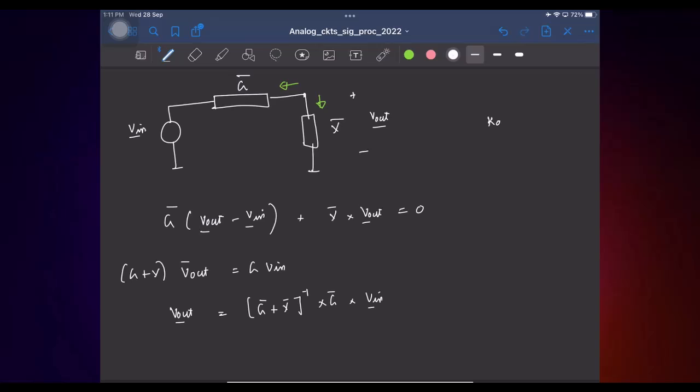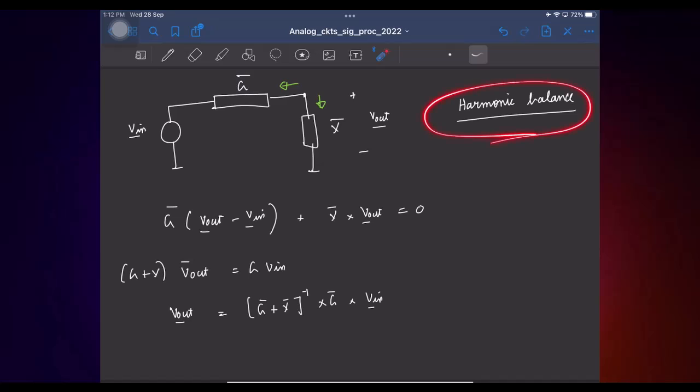In fact, this is the basis of a kind of analysis called harmonic balance. Some time back we discussed periodic steady state simulations, where we can find or analyze LPTV networks in Cadence. There is a frequency domain based simulation which solves for LPTV networks, and that is called harmonic balance. Basically that does this.